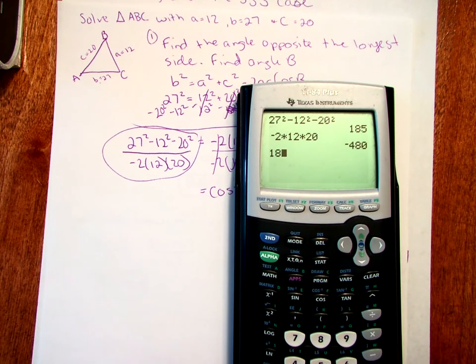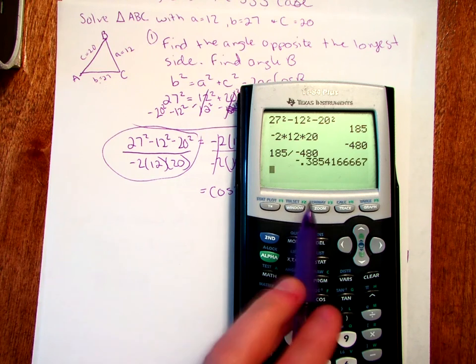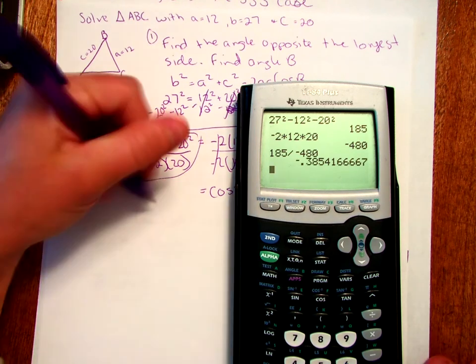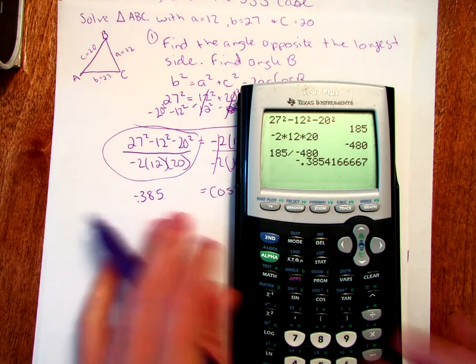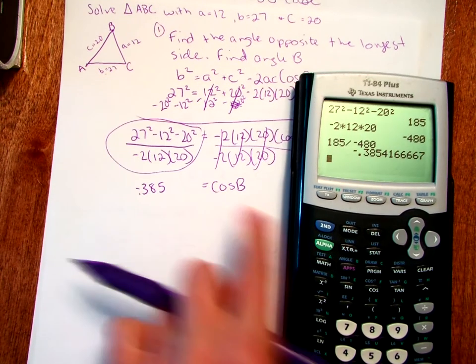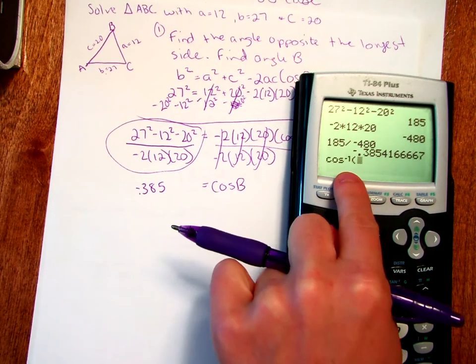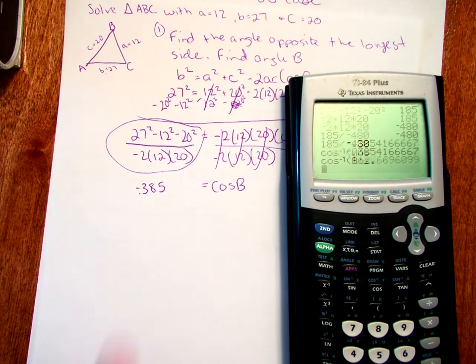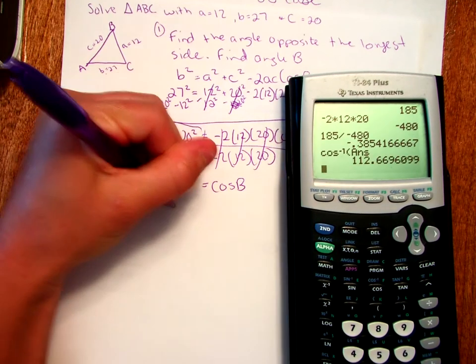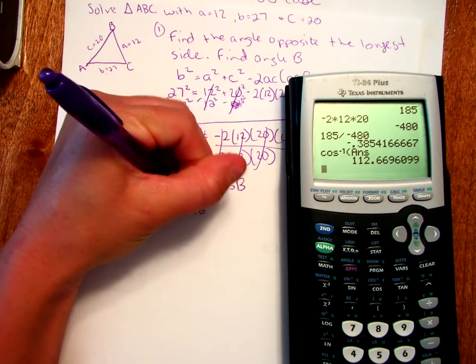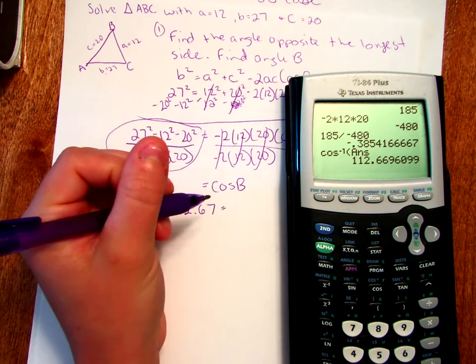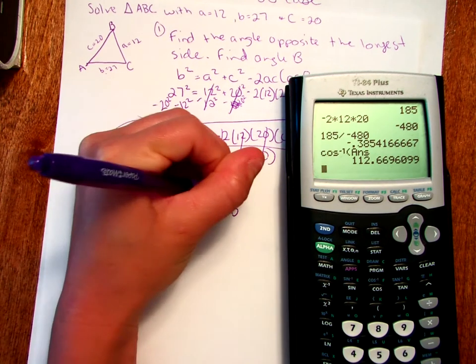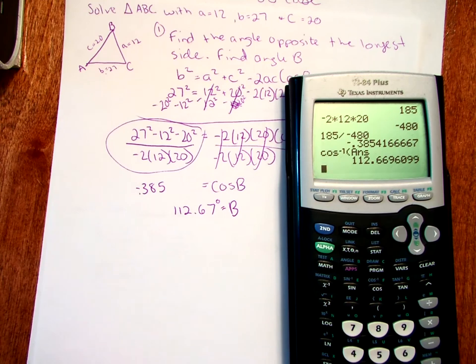So 185 divided by negative 480 gives me negative 0.385. So remember, that's not an angle. So second inverse cosine of this answer gives me 112.67. So that is going to be my angle B.